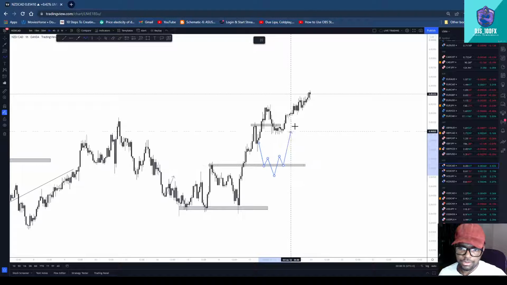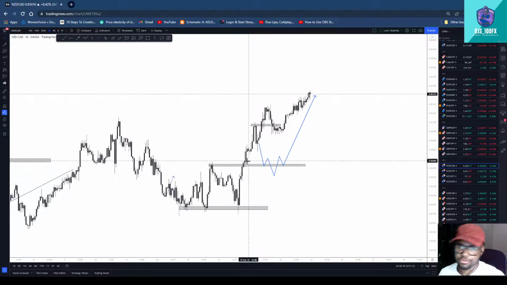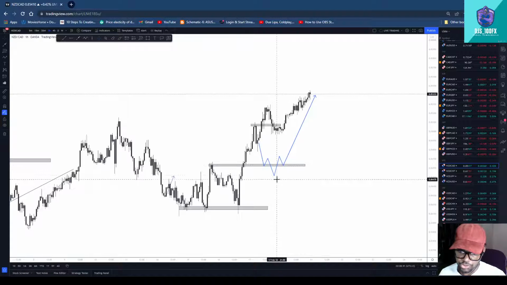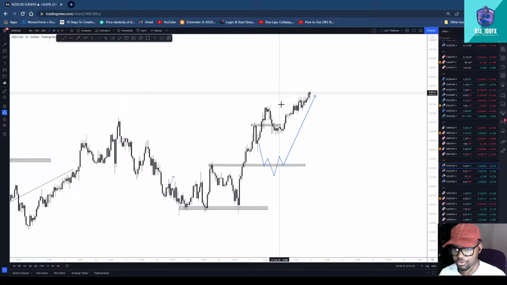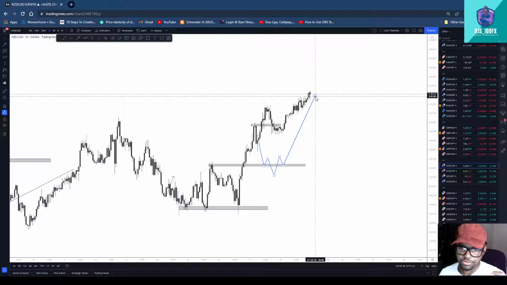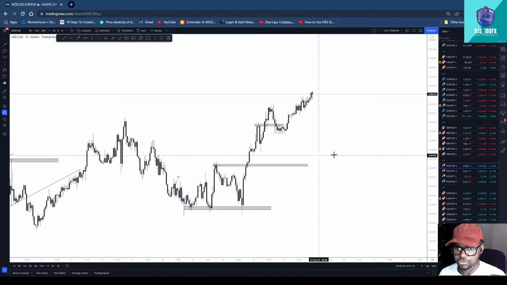Create a double head and shoulders, just one head and shoulders, and then this would have been a good trade, taking the trade here, stop loss below this level, with a good range of profits. Never happened, missed the trade.